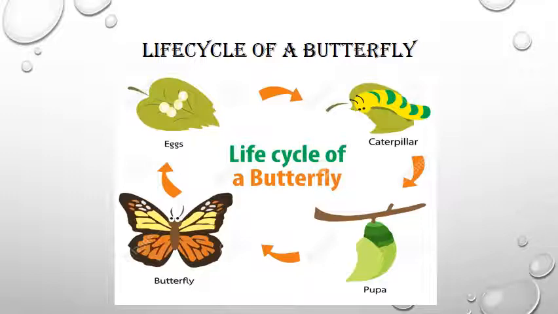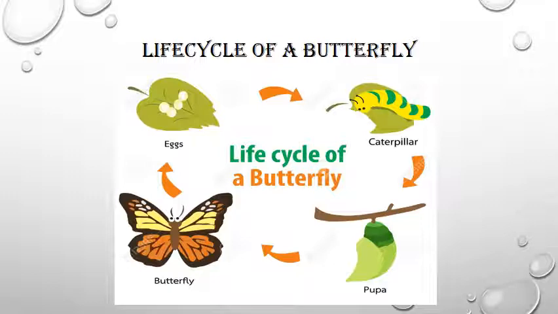Now we will take the example of a butterfly. Butterfly is an insect and it is an egg-laying insect. As in the picture, we can see the life cycle of a butterfly. First, the butterfly lays eggs on a leaf.